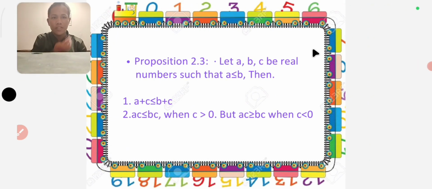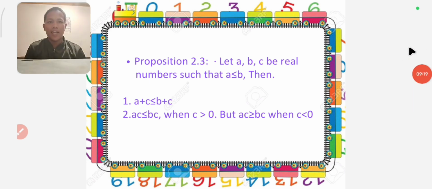So, proposition 2.3: let A, B, C be real numbers such that A is less than or equal to B, then A plus C is less than or equal to B plus C. Let's have an example here.